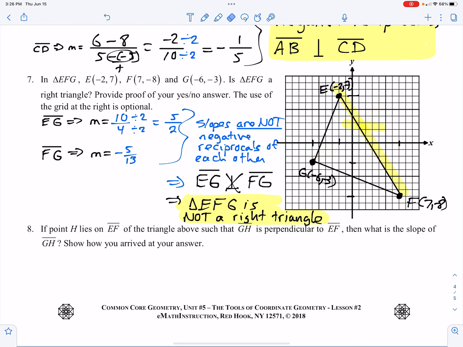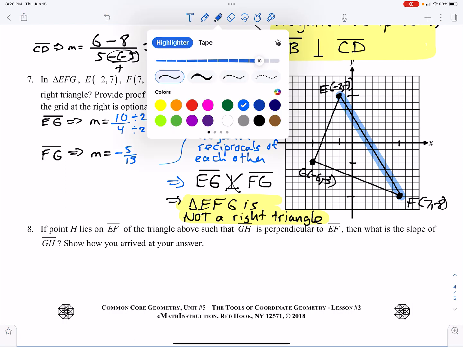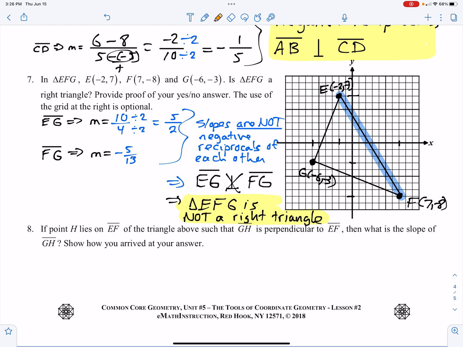First things first, we need to find the slope of EF. Then we will find the negative reciprocal of that slope, and that's going to be the orange line, which is GH. So EF is the blue line, GH is the orange one. We've got to find the slope of the orange line.